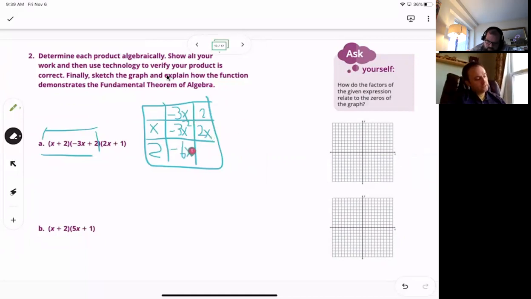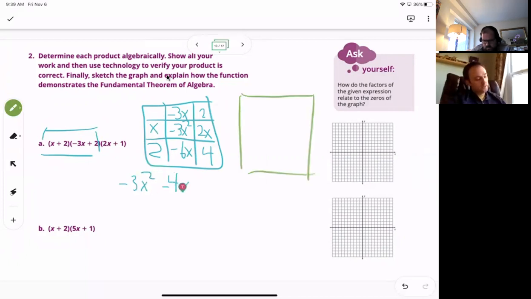And 2 times 2 is 4. So that's going to give me negative 3x squared, negative 6x and 2x is negative 4x, plus 4. And now Mr. Carlson's building this lovely little box. Love it. So you're going to put negative 3x squared, negative 4x, and 4.